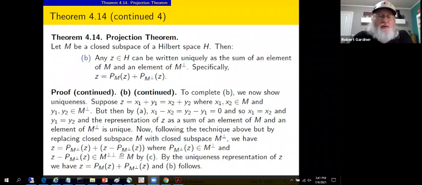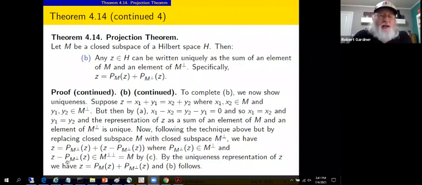So what you're left with would be a vector in M perp perp. Like I said, we'd have perp spaces and perp perp spaces in this little conversation. But hey, the perp perp space is the same as the original space. That's what part C said.